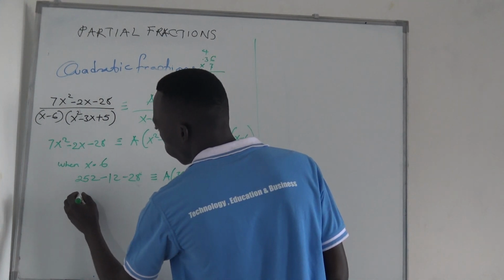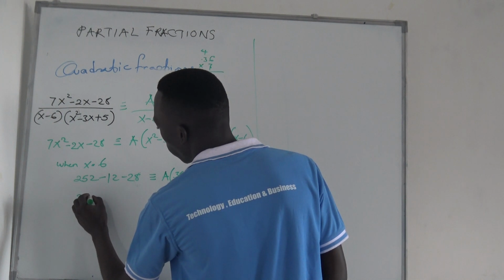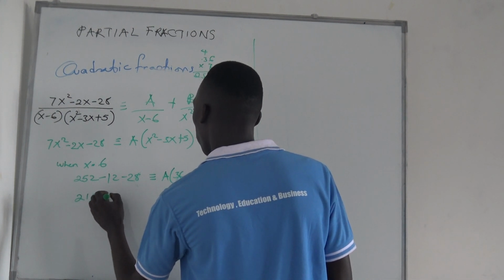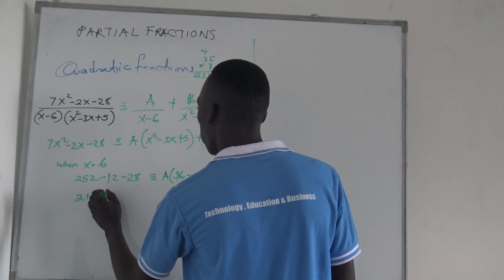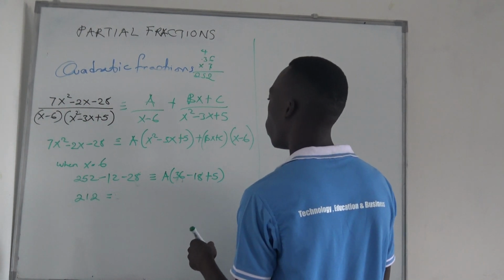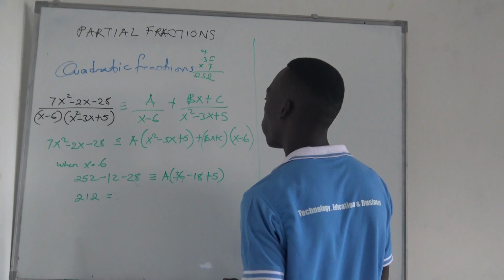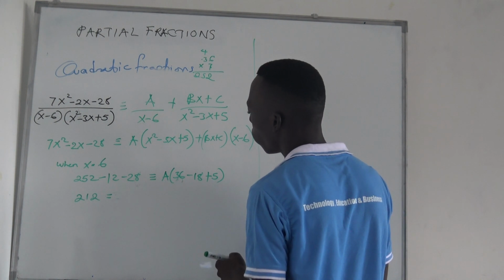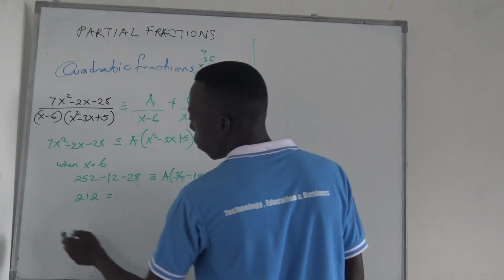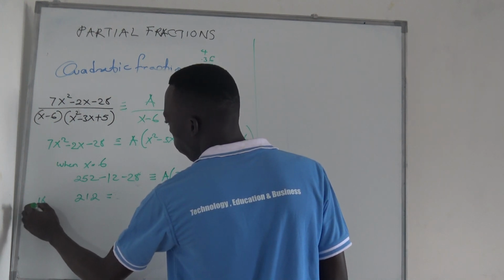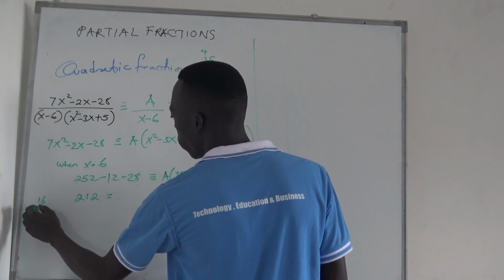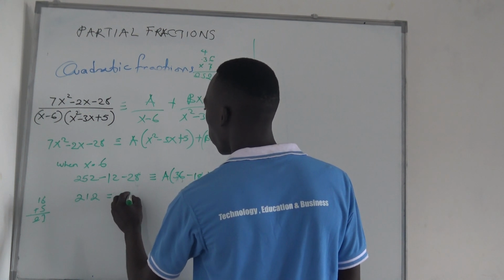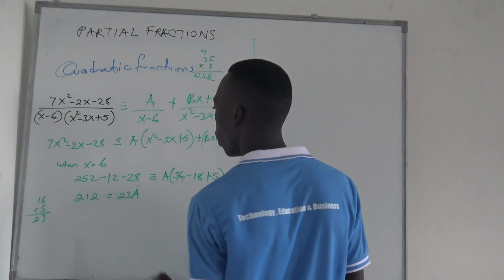So this gives 212, which is equal to A times 36 minus 18 plus 5, which becomes 23. So this is 23A.